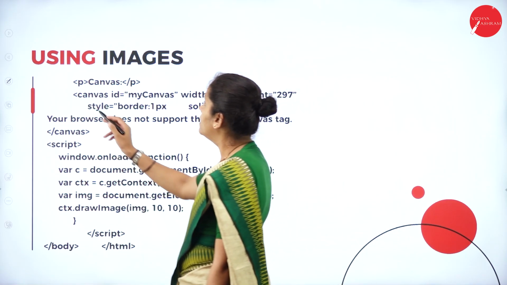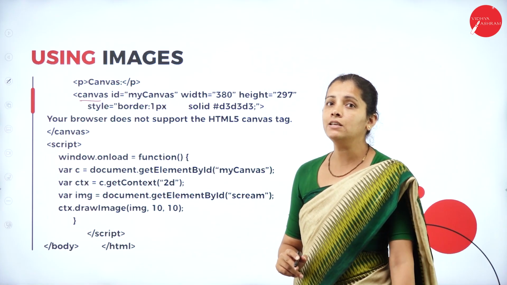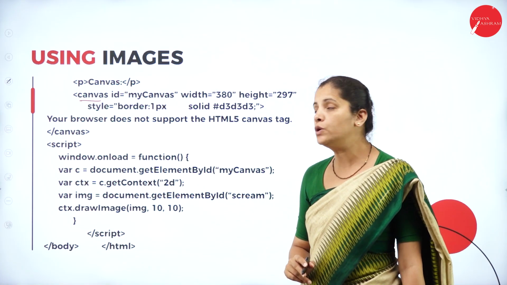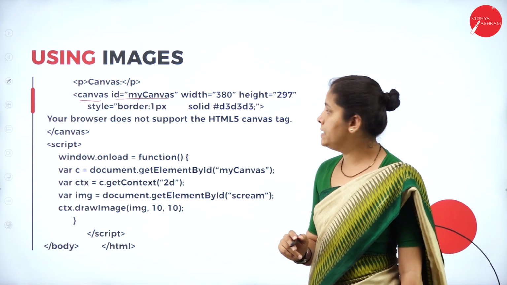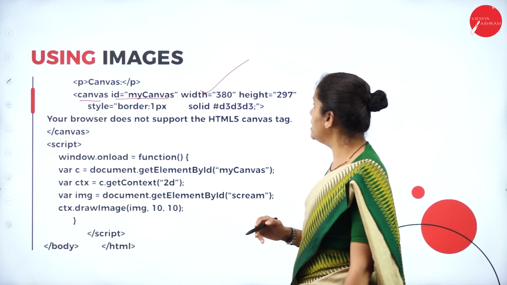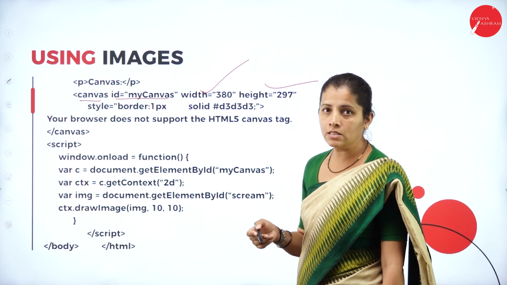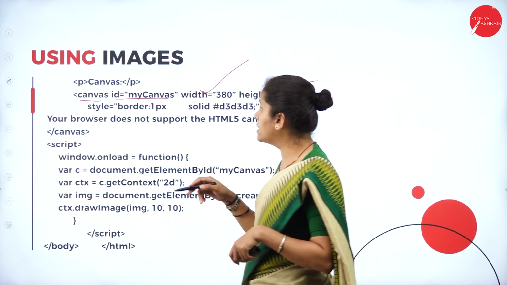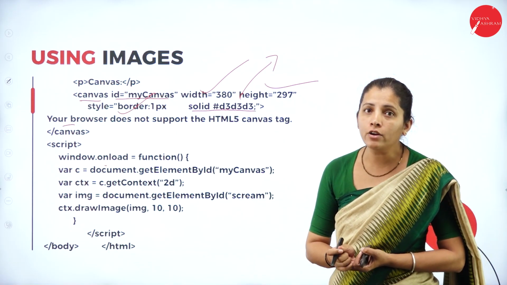Then I'm going to create a canvas. So the canvas must have its own unique ID, so I'm going to specify the ID. Then I'm going to specify the width of the canvas, the height of the canvas, the border style, and I'm going to specify the color. And what kind of color code?